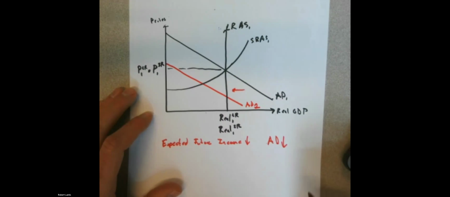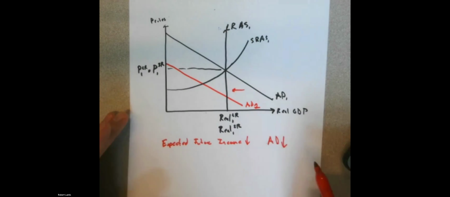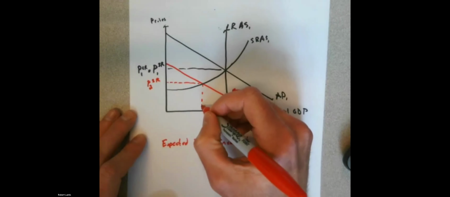Okay. So this decrease in aggregate demand is going to do what? Well, in the short run, where does my aggregate demand hit my short run aggregate supply curve? Well, my new price in the short run is right here. My new real GDP in the short run is right here. So in the short run, what has happened?